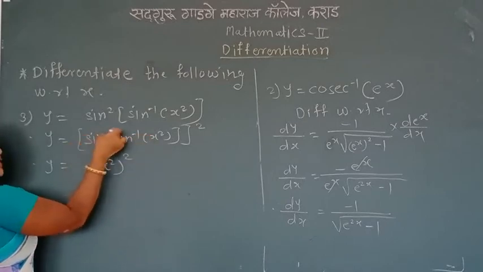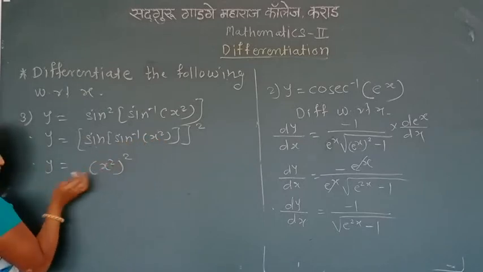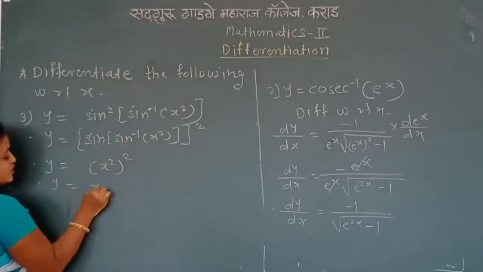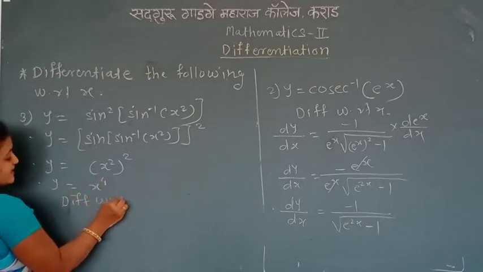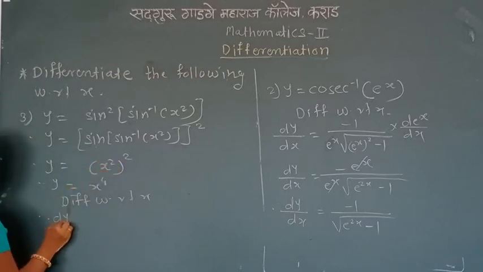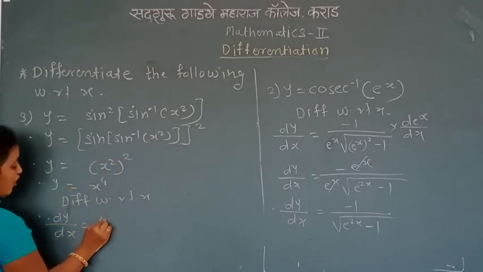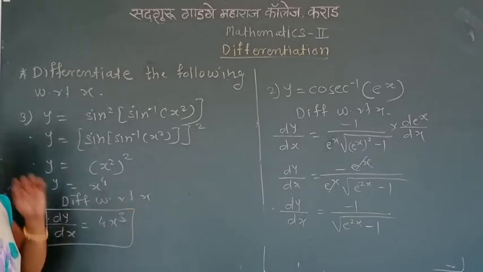Yes, sine inverse of sine, we can write only the angle. Now this is simplified. So y is equal to x raised to 4. Now we differentiate with respect to x. This is the standard form, x raised to n. So the derivative dy by dx is equal to 4x cube. I hope you understand.